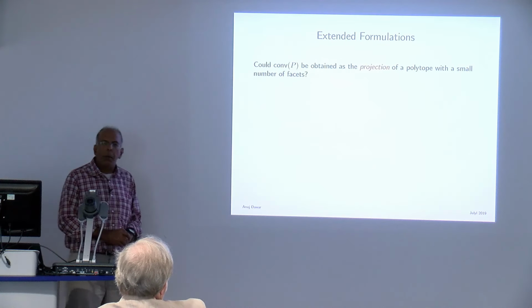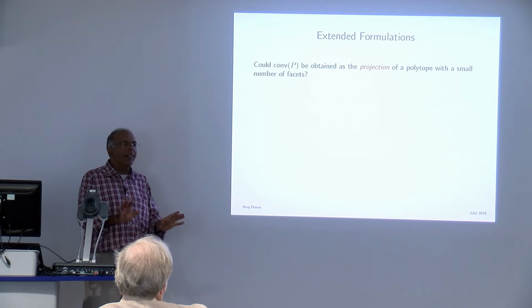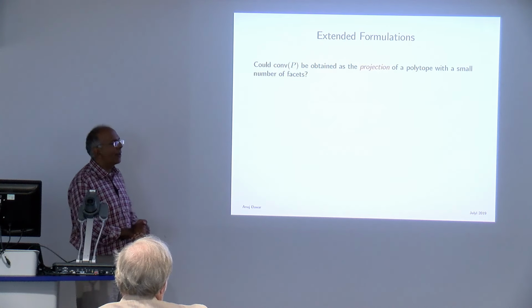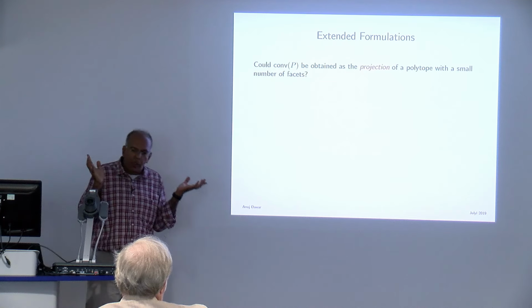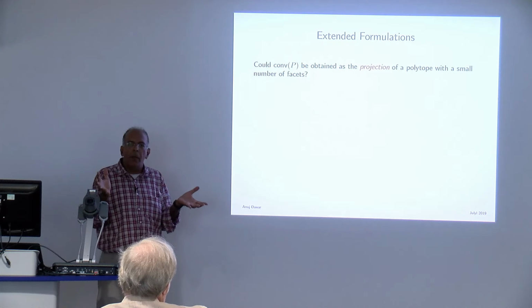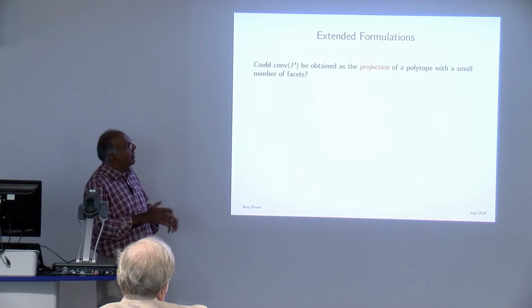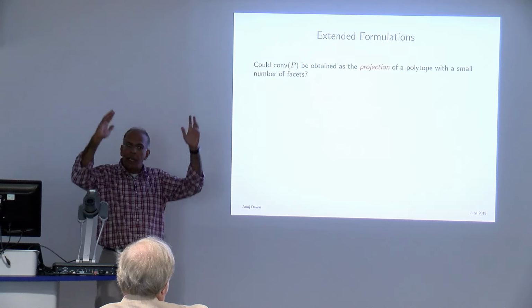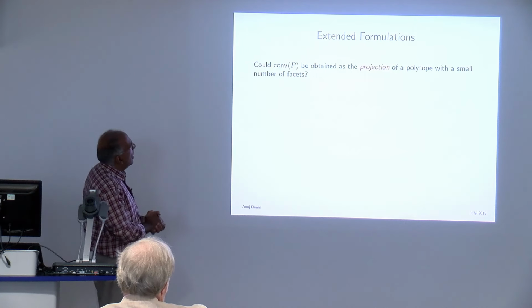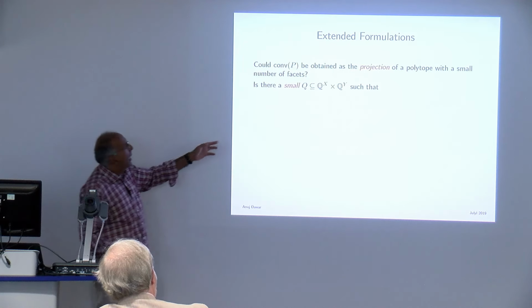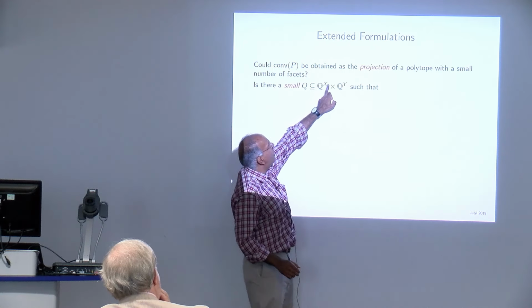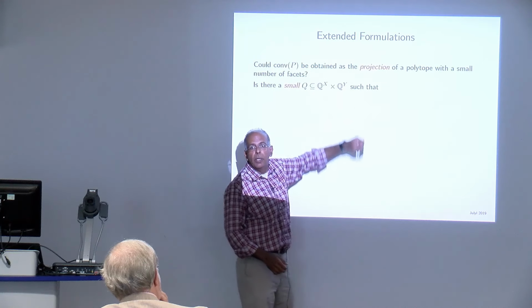But people, we're not this naive in translating the traveling salesman problem. The question was, maybe the convex hull is a complicated object, but maybe it can be obtained as a projection of some polytope in a higher dimensional space with some small number of facets. In other words, not just Qx, throw in some extra variables.